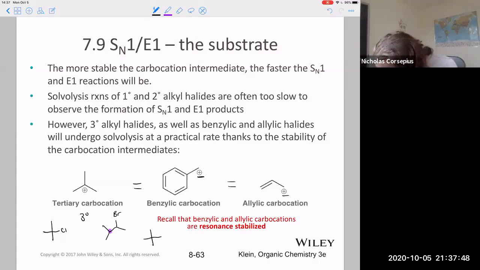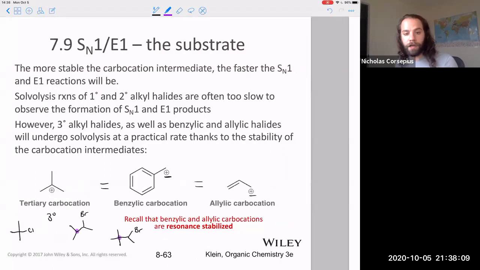You can also have the same thing if it's what's called quaternary, where that carbon is bound to 4 other carbons. In this case, you'll see a methyl shift. The important thing being the carbocation that's formed is a tertiary carbocation, or benzylic or allylic, okay? Those are the only ones that will undergo these E1 and SN1 type reactions.